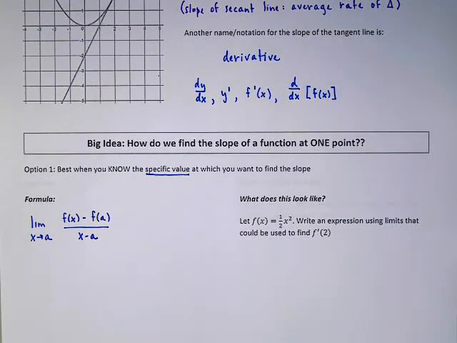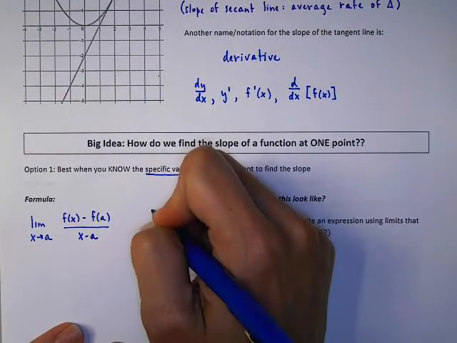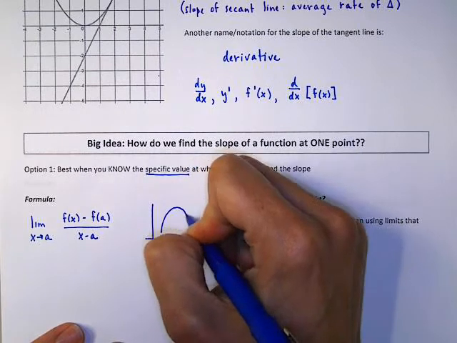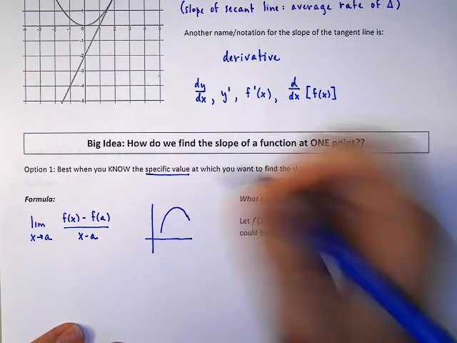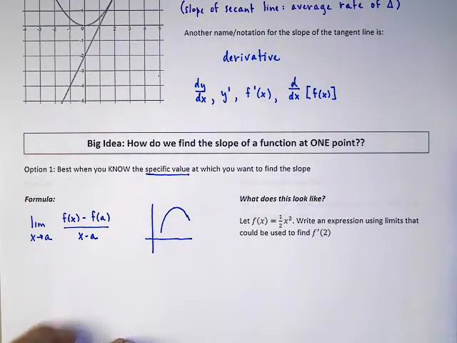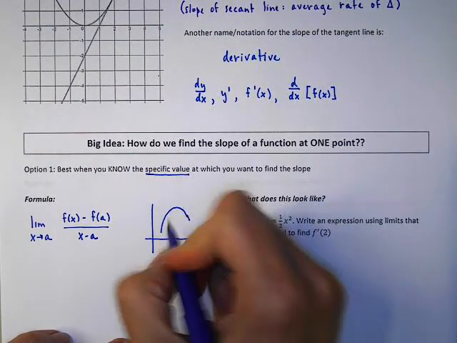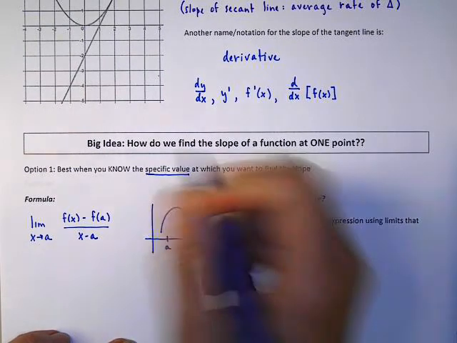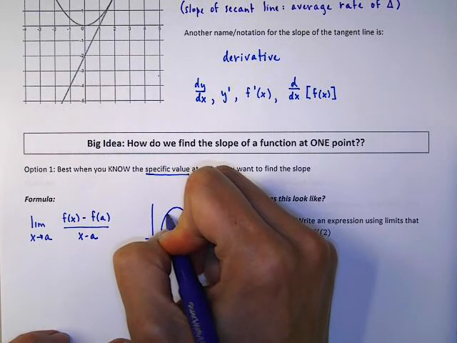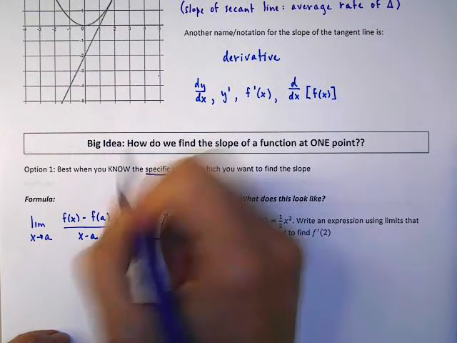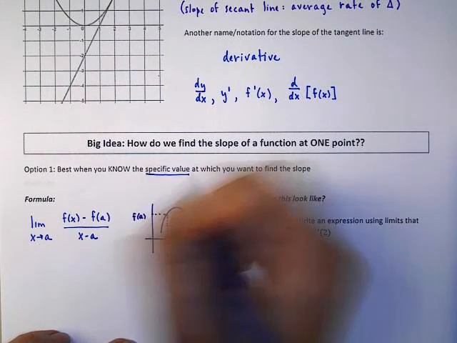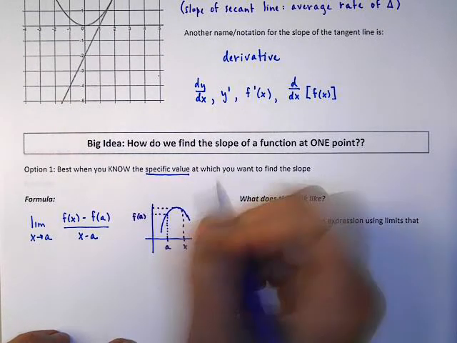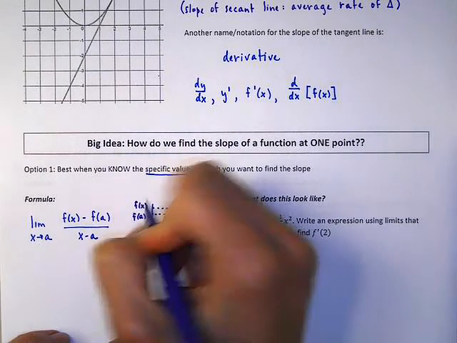Now graphically, here's what we're looking at. Let's see if I can draw this here. Let's take something that looks like this. Say this is my curve, and let's call this A and this X. Then if I go up here, I have the value f of A, and I have the value f of x there.